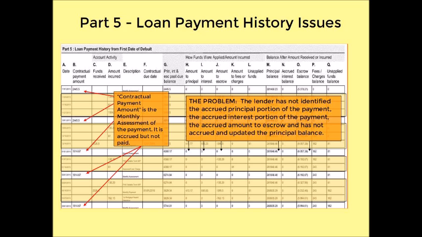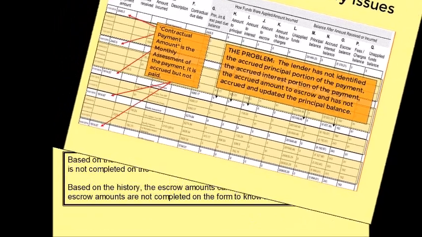And then if you see that the escrow balance isn't being updated based on the contractual payments being made in this grid, that also shows that there's a problem. So all of that are the major red flags that you're going to see in that payment history, and that's all going to be impacting the rest of the form.